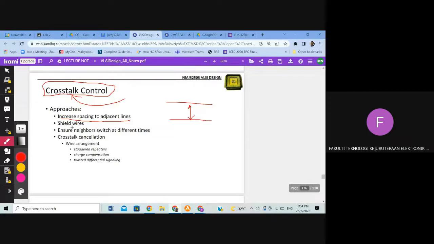The next method is to shield the wire with suitable shield material, to make sure that the switching from the first wire does not affect the neighboring wires. Another method is to ensure that the neighbors switch at different times. Why at different times?